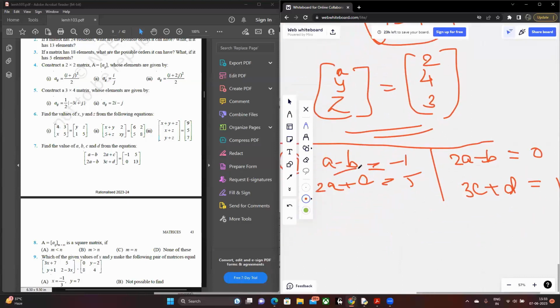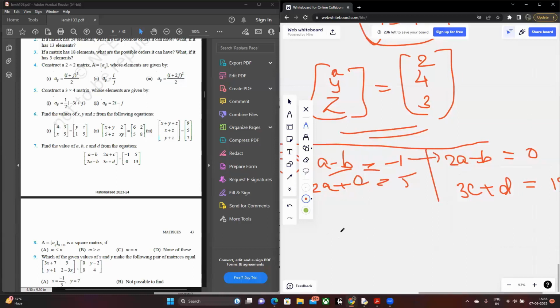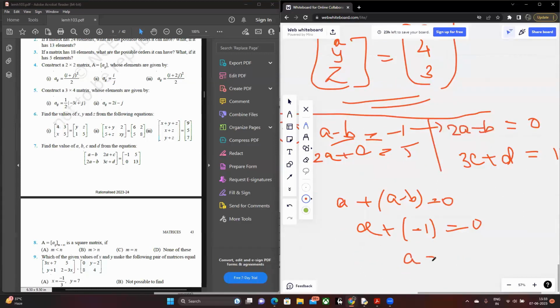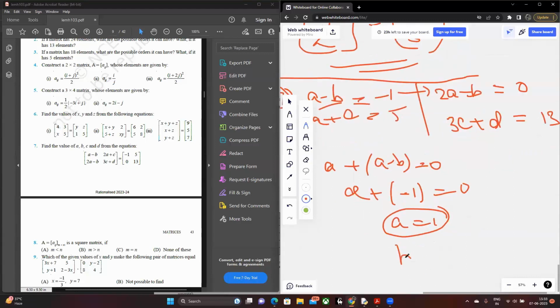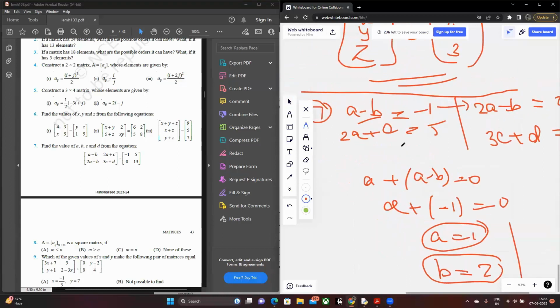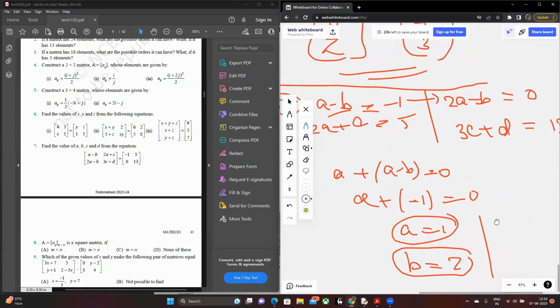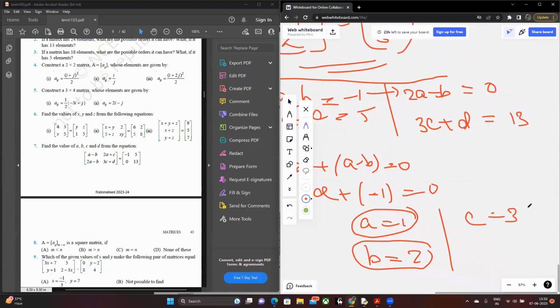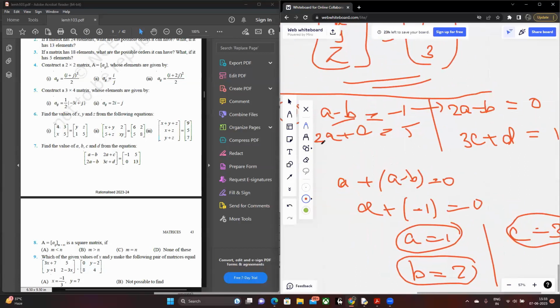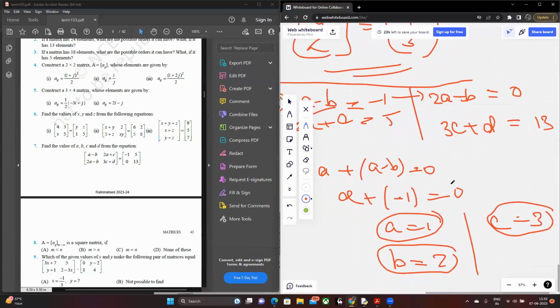You have a minus b is minus 1. And for 2a minus b, using this over here, we can write 2a minus b as a plus a minus b being 0, or a plus minus 1 is equal to 0. A is equal to 1, which means that b is equal to 2. Then you have 2a plus c being 5, or c is equal to 3, because 2a is basically 2, 2 plus c is 5, so c is 3.